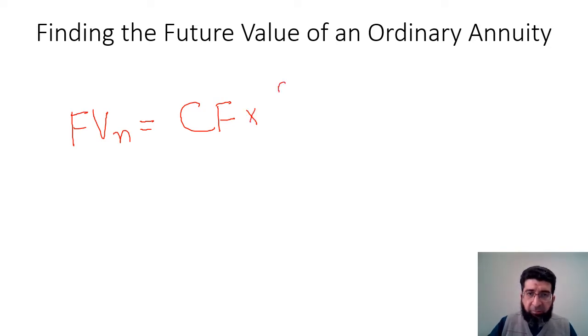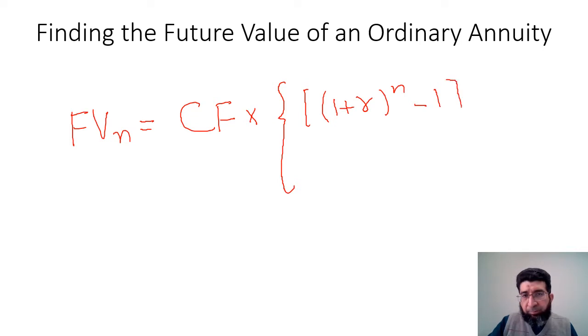And then we have a multiplicative term of (1 plus r) raised to the power n, minus 1, divided by r. The brackets are a little bit misaligned, but this is what we have.